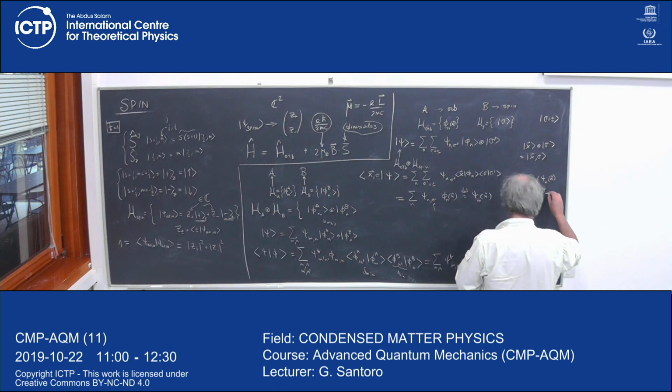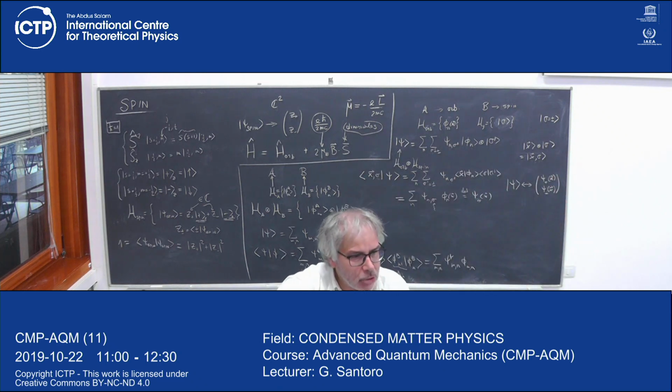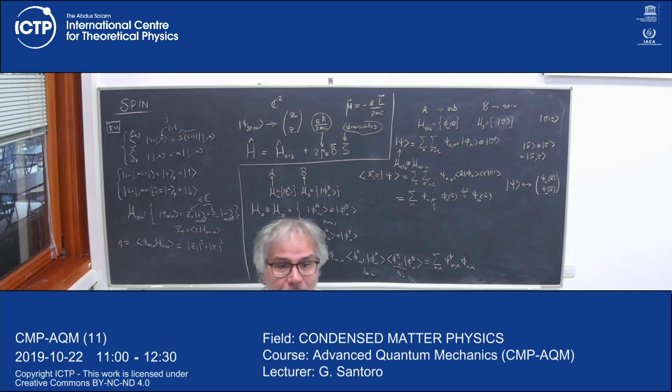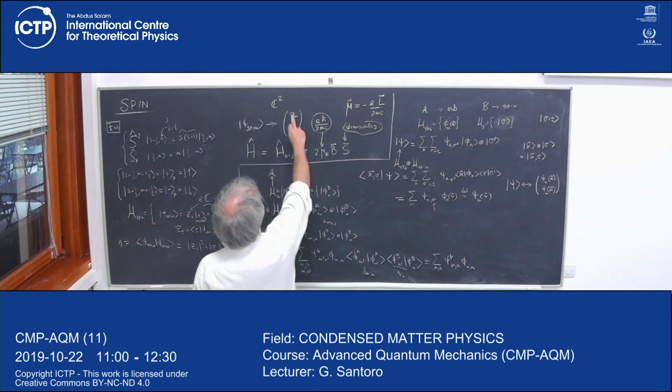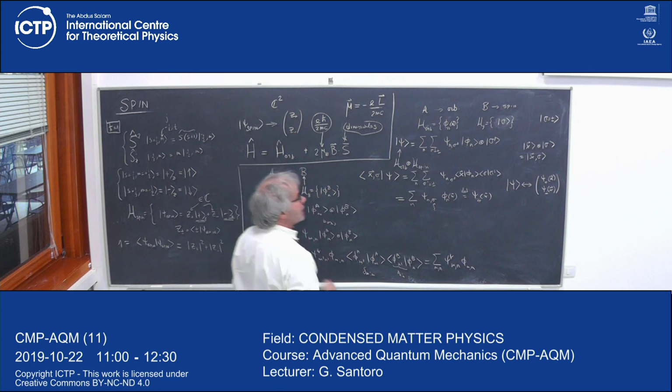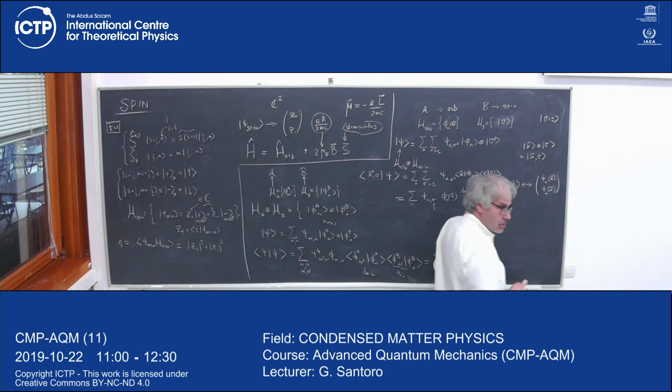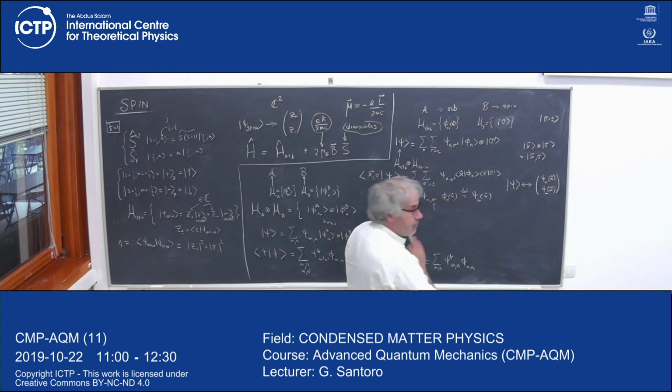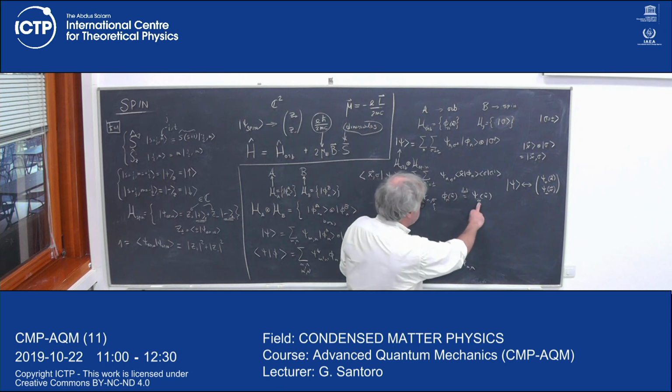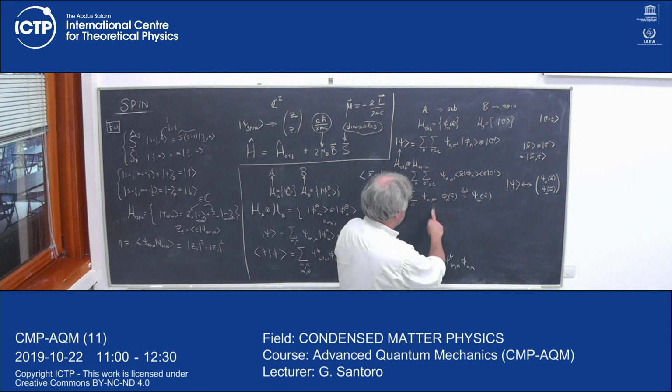One is psi plus of x, and the second is psi minus of x. So this is a two-component spinor wave function. Notice the difference with this. These are two numbers, these are two functions. But the two functions are different in general. The psi plus and the psi minus are different.